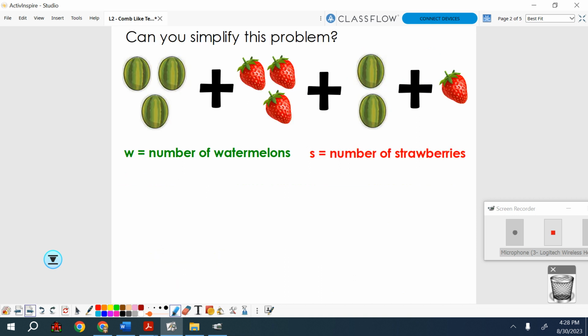So let's think about what we did the other day when we were writing expressions. So in this problem, I have some watermelons and I have some strawberries, and I'm going to write an expression.